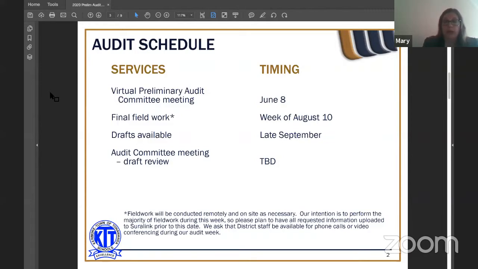What we're envisioning now, and what we've had preliminary discussions about with John and Jean in the business office, is a mix of that. Maybe we come out to the district for a day or two, keeping socially distant practices in mind, and then also work remotely, having things scanned and uploaded electronically and things like that.